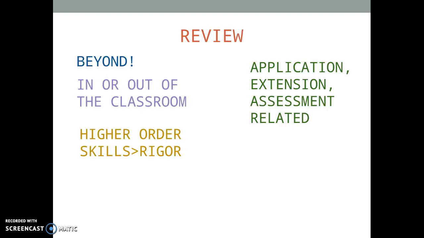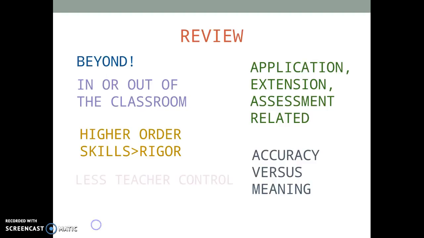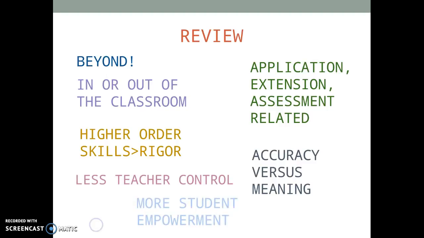Application and extension involve higher order thinking, which creates rigor. Also, as students make meaning in these open-ended activities, their accuracy tends to go down because their focus is now on ideas. The teacher relinquishes much of the control of student output, and the students therefore become more empowered.